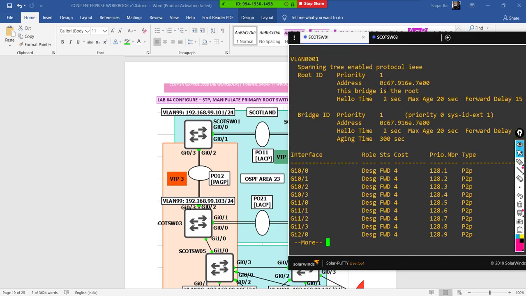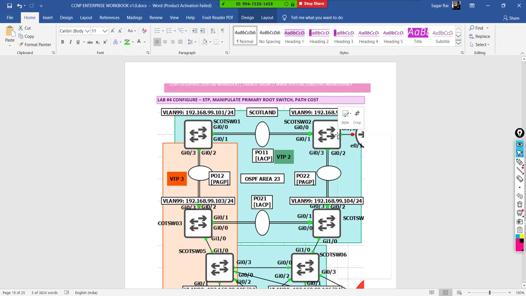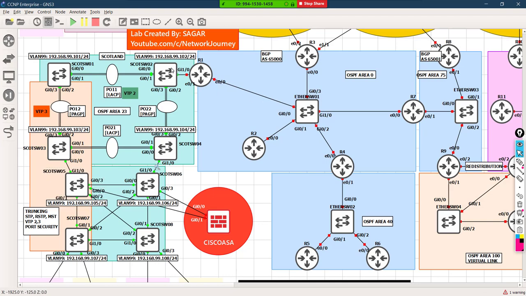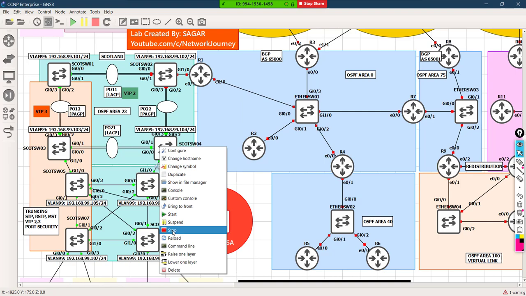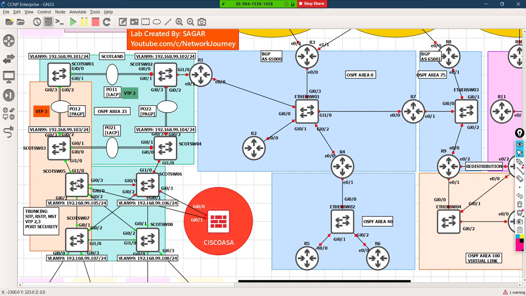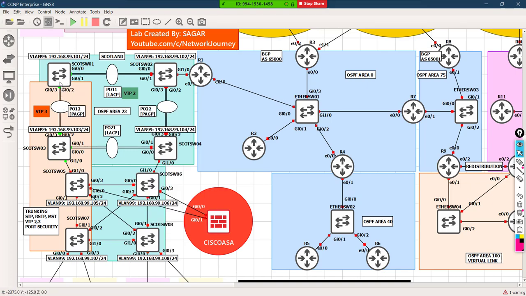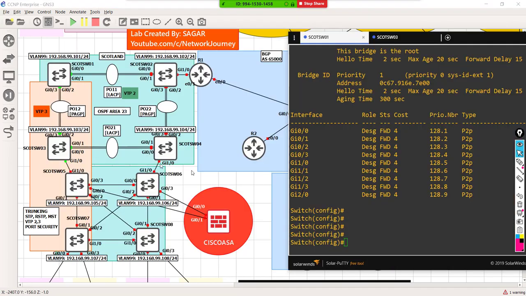So on the first device, as you know, it's a root bridge. The root bridge will always have designated ports, that is forwarding ports. All the others I'm just turning off to save some CPU. Okay, now it's between switch number 1 and switch number 3.